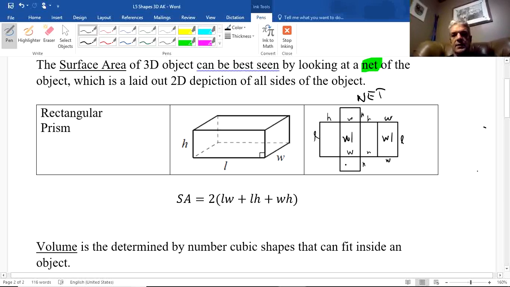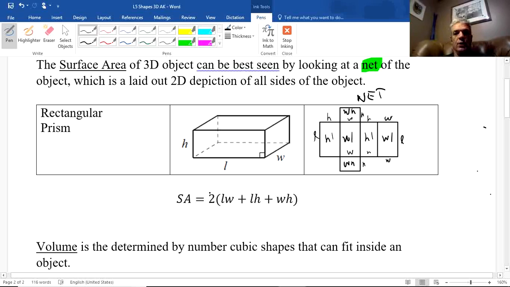This is a WH, and this is a WH, so there's 2 of those. And then we're left with an HL here, and an HL here, so you end up getting 2 of them. There's 6 sides in total, and if we add up one of each of those and multiply it by 2, we're good.